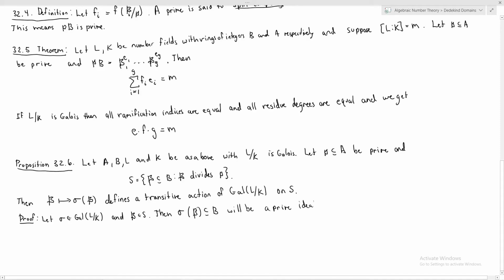And since sigma fixes A, sigma of B intersect A is the same as B intersect A, so basically sigma of B will still lie over p.